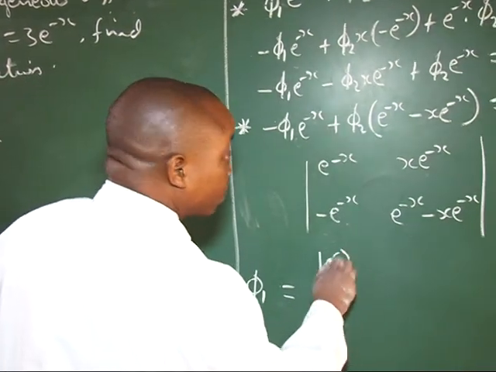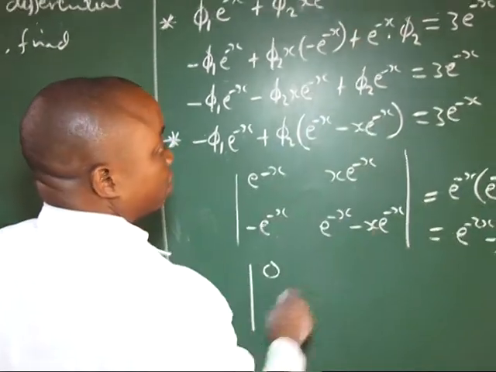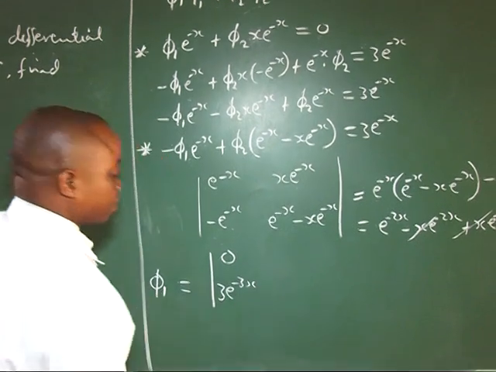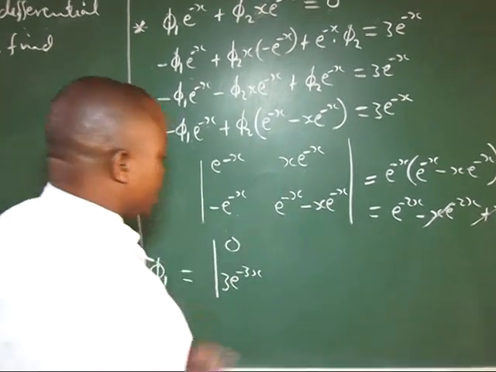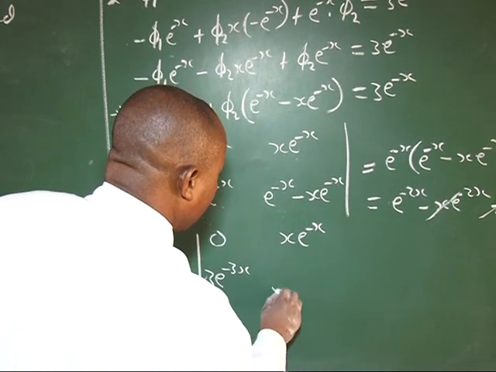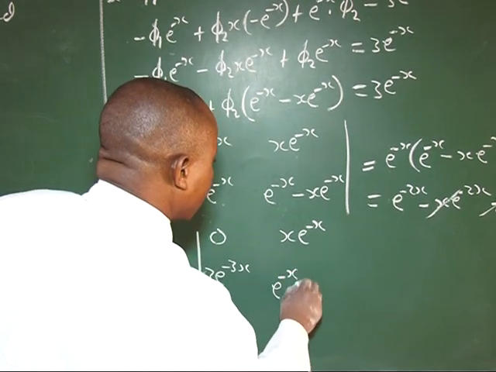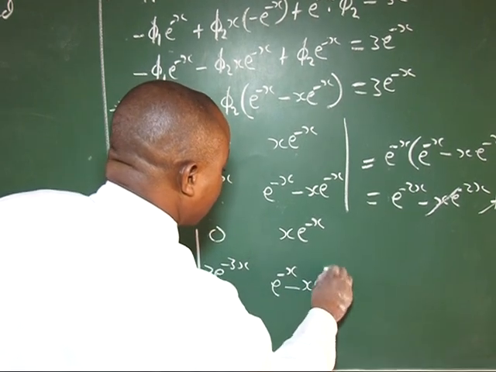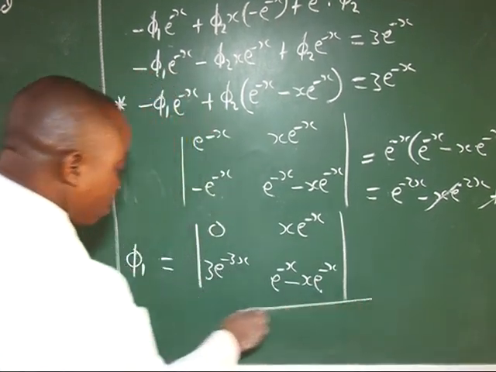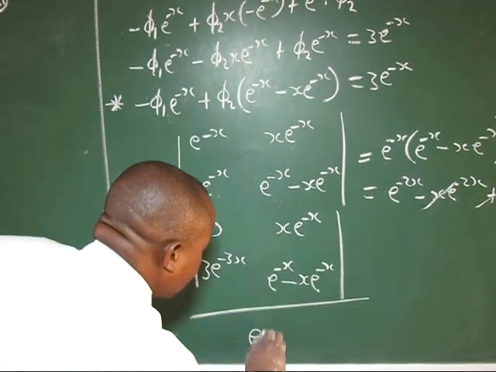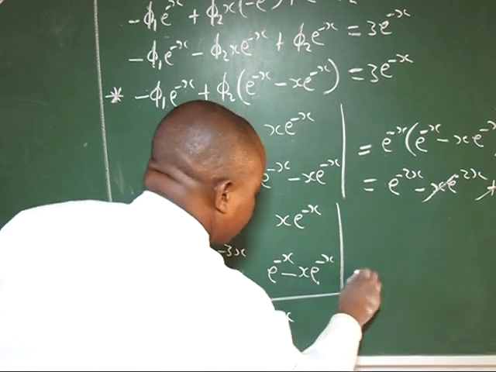So we put 0, which is this 0. And then we put 3 e^(-x). Then we go to this side and put x e^(-x). Then we have e^(-x) minus x e^(-x), all over the determinant, which is e^(-2x).